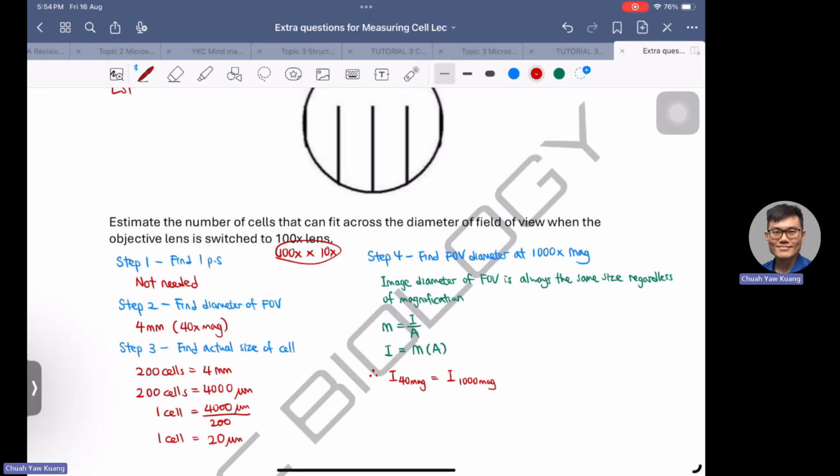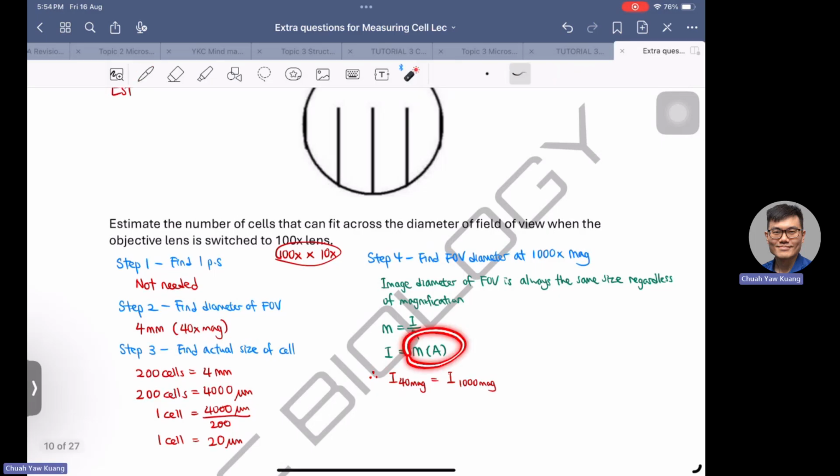Based on this, we will substitute, because the image size I is equal to the magnification times the actual diameter. So the magnification times the actual diameter equals the magnification times the actual diameter.